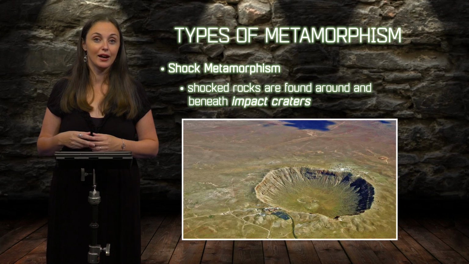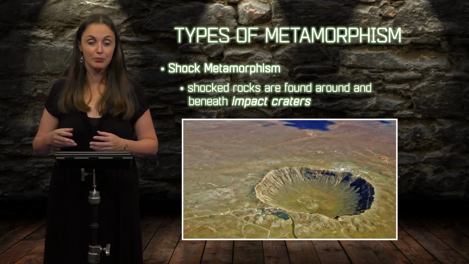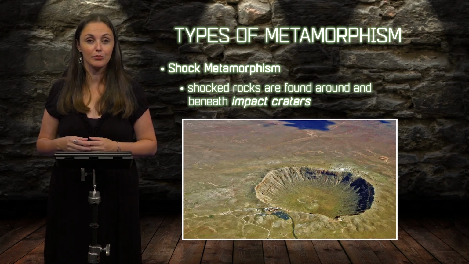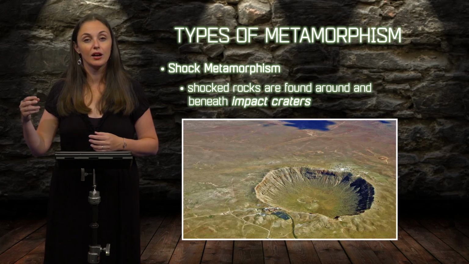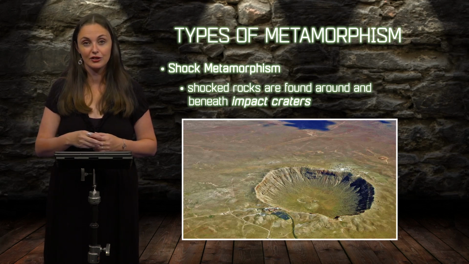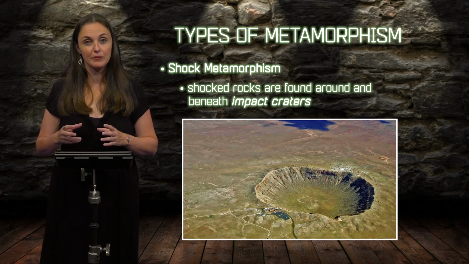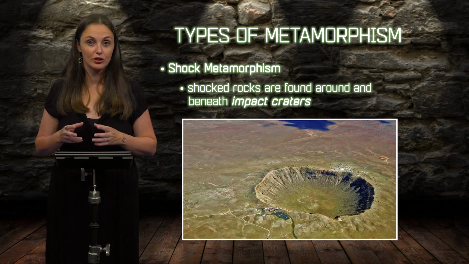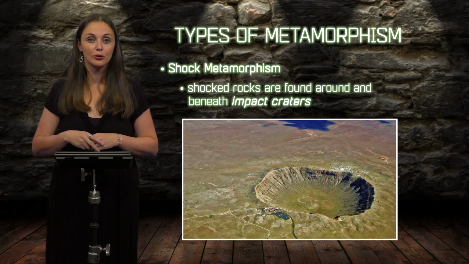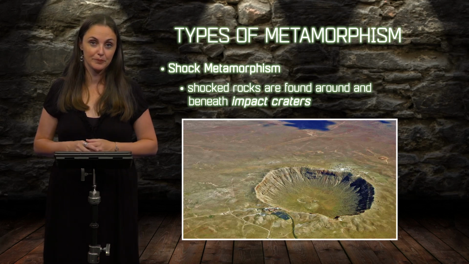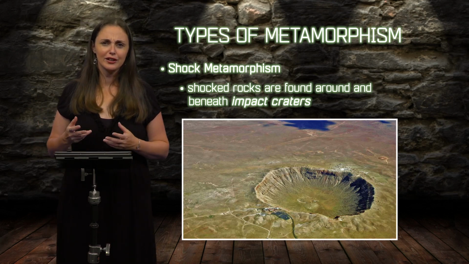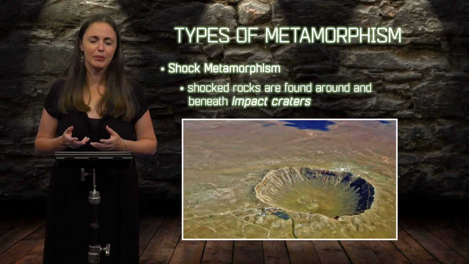That's what creates a meteor shower, is that breakup of the rock coming into the Earth's atmosphere. But once it ultimately comes to hit the Earth's surface, it can create a very large crater and a huge region where anything that was exposed at the Earth's surface is going to be recrystallized because of this rapid application of pressure.